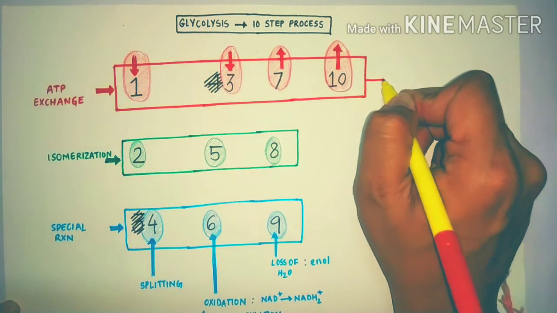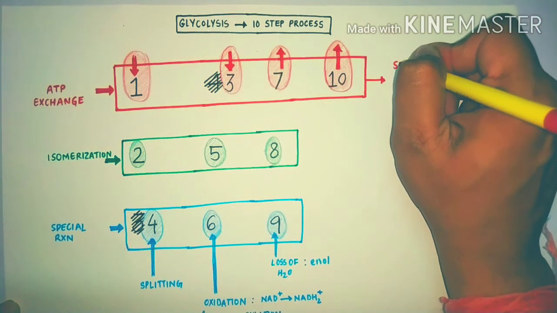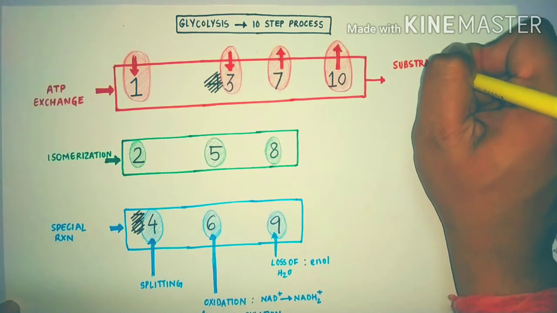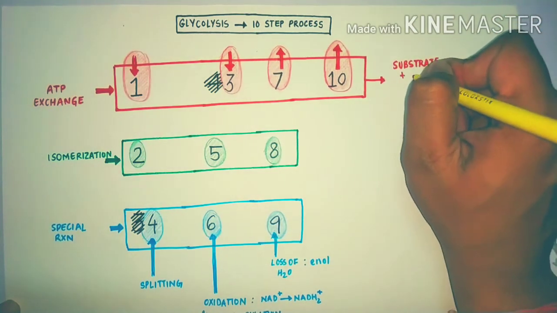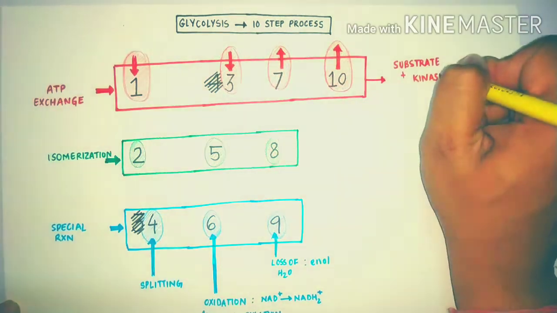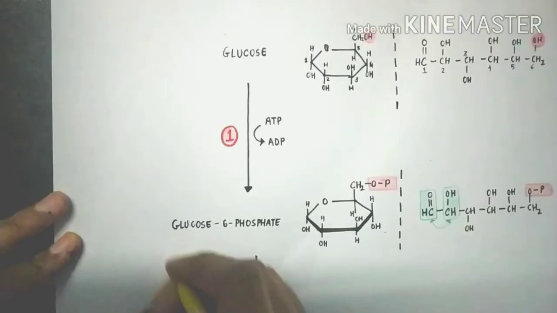For type 1, that is ATP exchange reactions, we name the enzymes as substrate plus kinase as suffix. Step 1. The substrate is glucose, but the enzyme involved is general and acts on other 6 carbon sugars as well. So collectively, the substrate here is called hexose. So the enzyme name is hexose kinase.